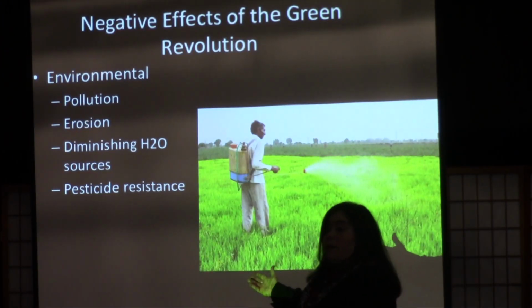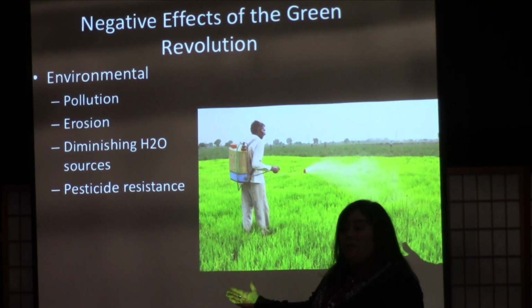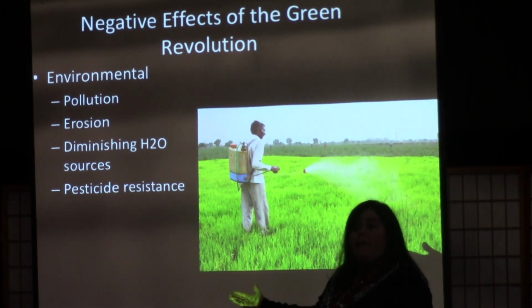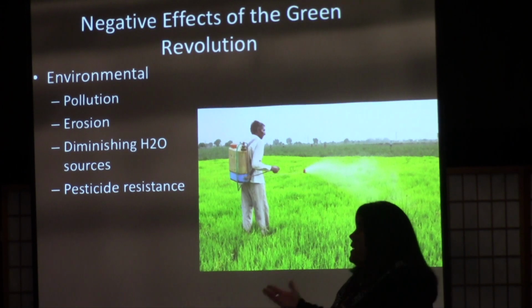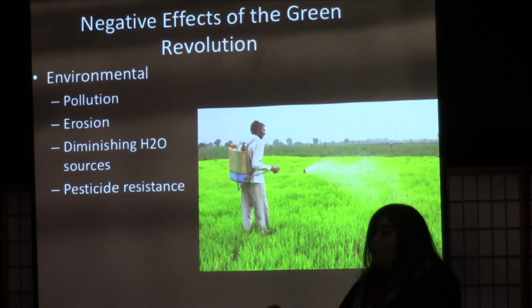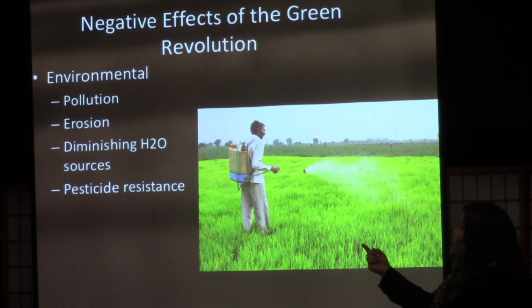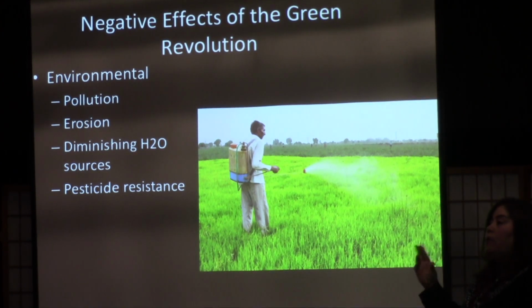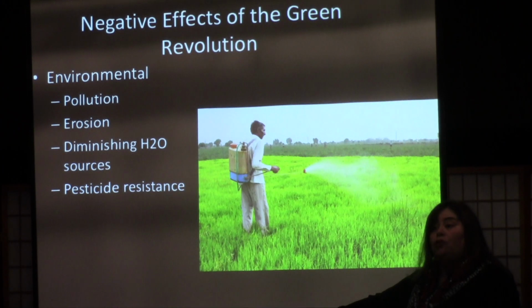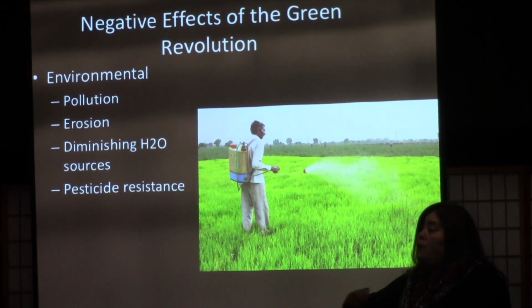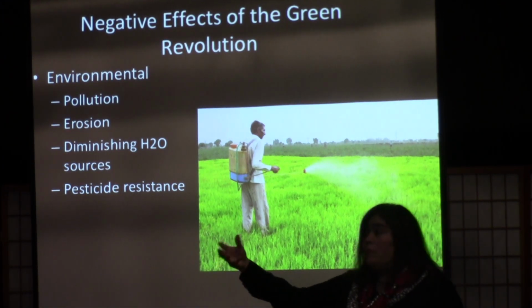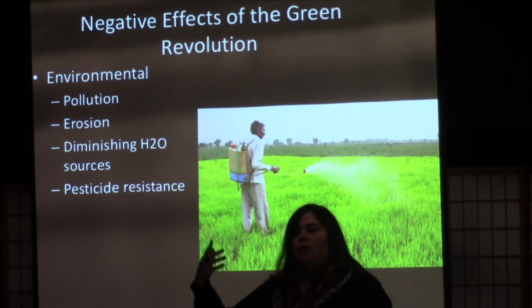And then, just a generation after, we begin to see the negative effects of the Green Revolution. In fact, it's not good for the soil to use so much fertilizer. So it was environmental. You begin to see pollution because of the runoff of nitrogen from using so much fertilizer into the watersheds and into the oceans.